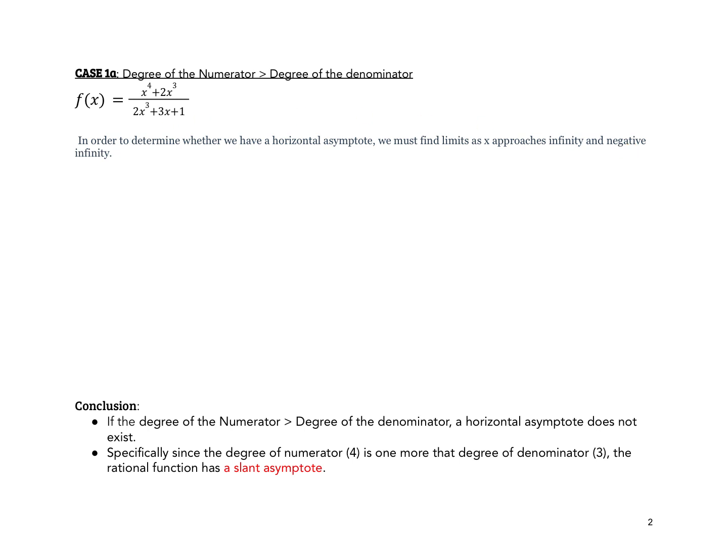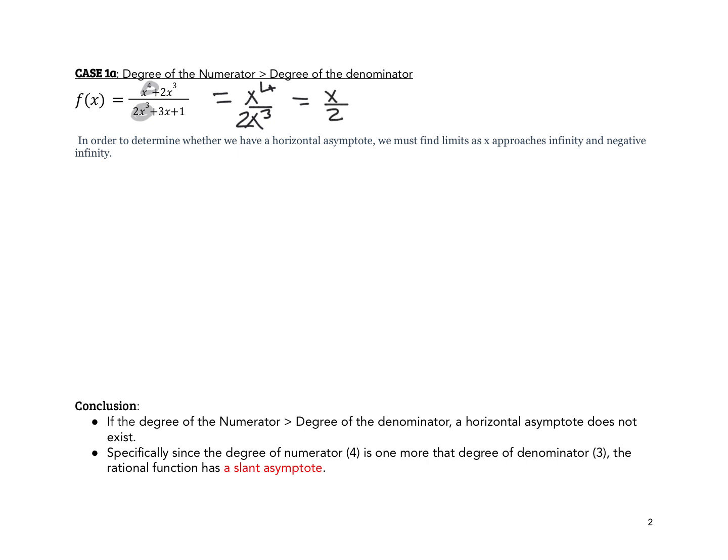Before I begin, I need to find the dominating terms, and I'm going to ignore everything else. So I'm going to write them down. So I have x to the power 4, divided by 2x cubed.